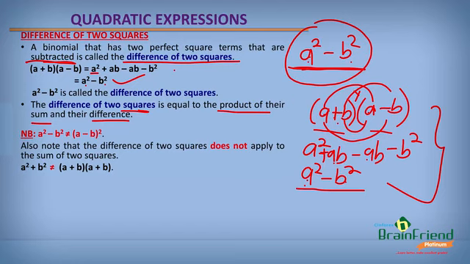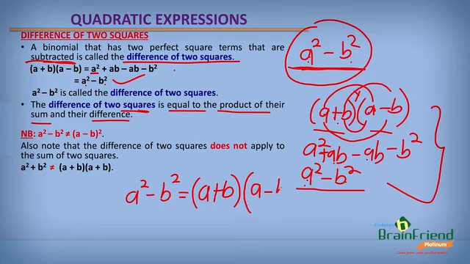The difference of two squares, that is a squared minus b squared, is equal to the product of their sum and their difference. What do I mean? It means that a squared minus b squared is equal to the product of their sum, the sum of a and b, and their difference, which is a minus b.